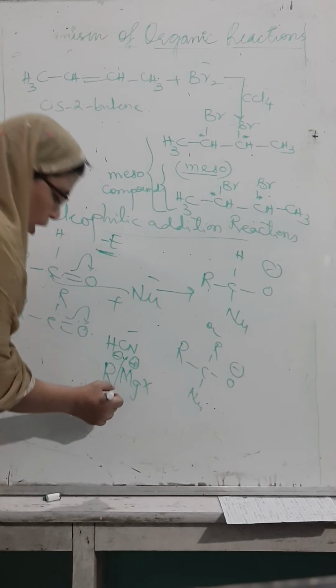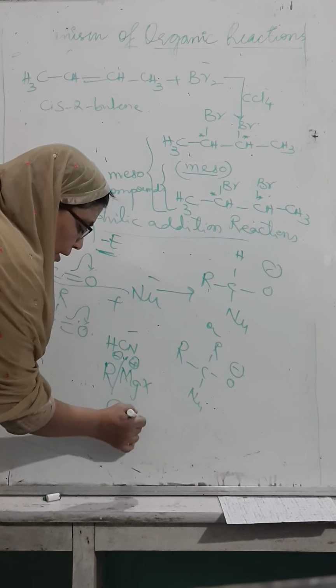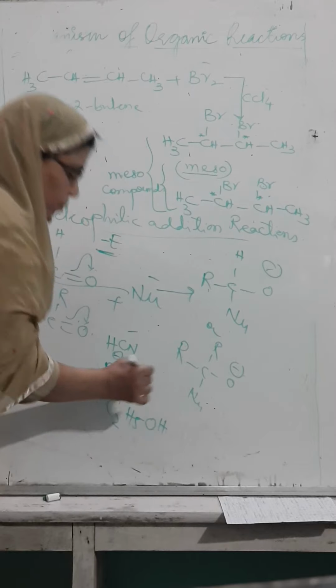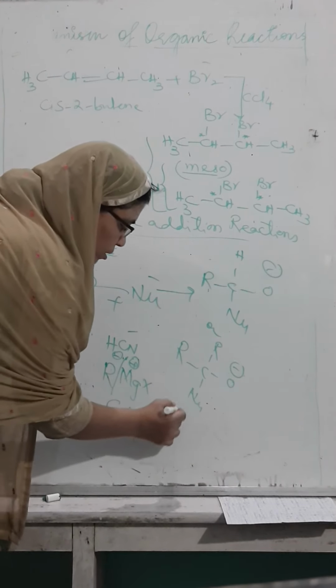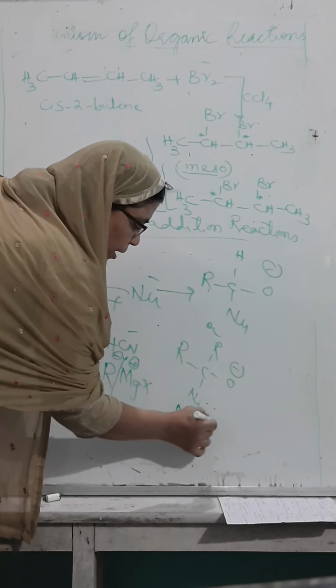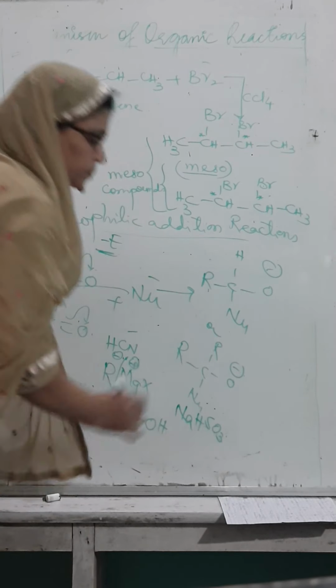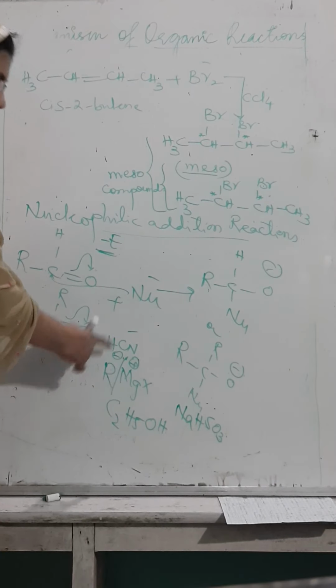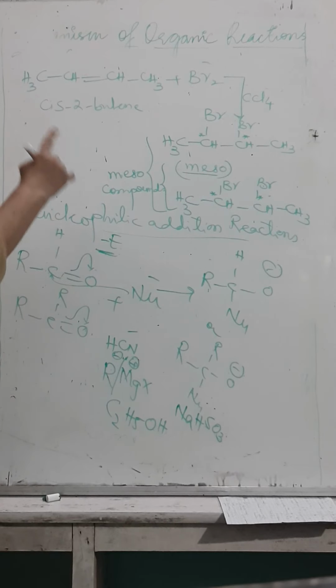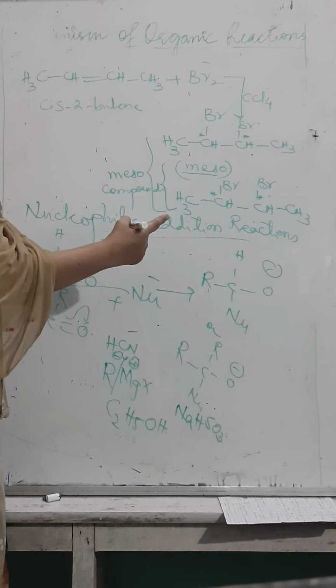We can even add a nucleophile such as ethoxide ion from alcohol, or use sodium hydrogen sulfide. But always remember that a less hindered molecule will undergo addition reaction more readily.